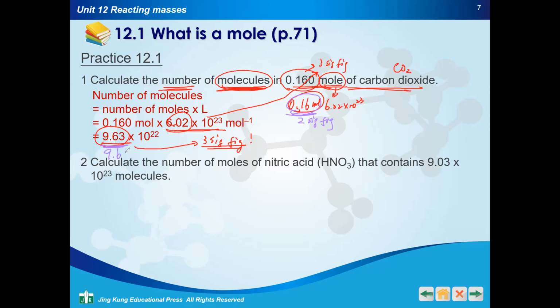The answer is 9.6 times 10 to the power 22. A very large number. So as said before, the smaller significant figures win. They dominate the overall accuracy of this data. Is that clear?